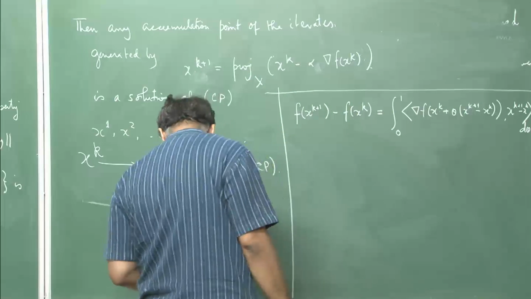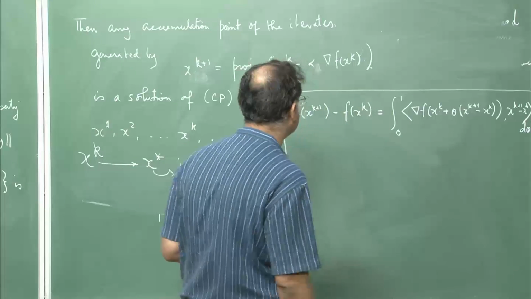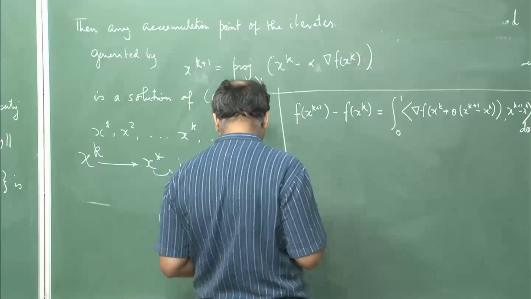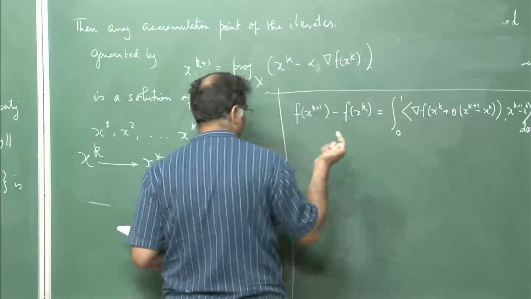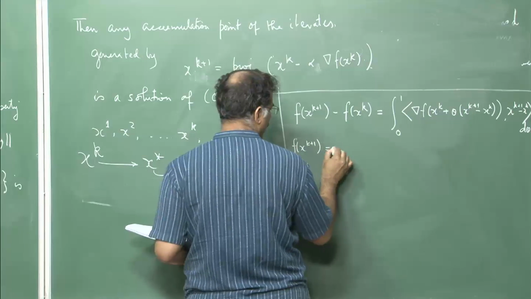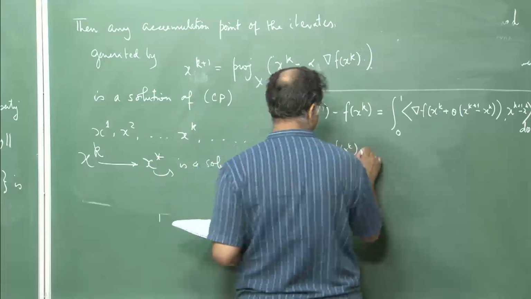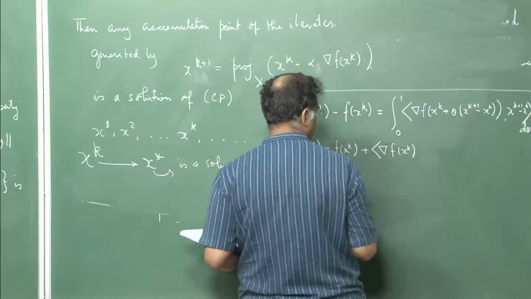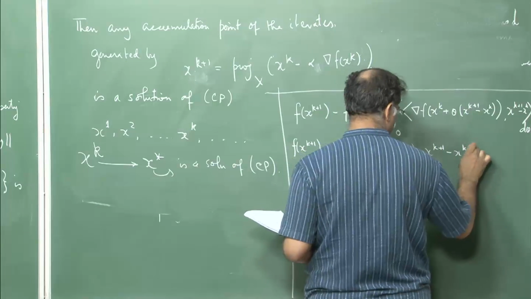So, what you essentially do is you add a term grad f(xk) inner product (xk plus 1 minus xk), that you add and subtract. So, I can write now that f(xk plus 1) is f(xk) plus grad f(xk) times (xk plus 1 minus xk).